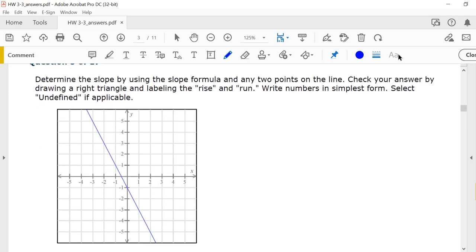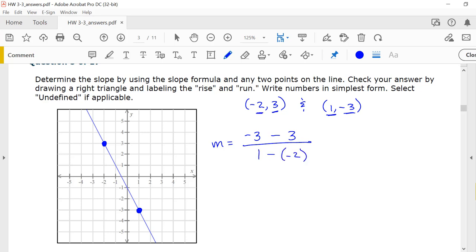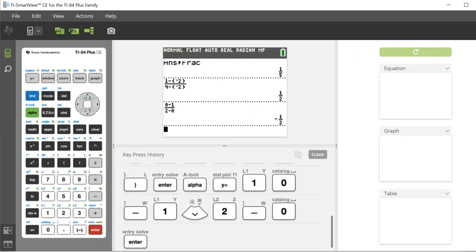Number 5. Let's do it again. Pick this point and maybe that point. So what is that? Negative 2, 3, and 1, negative 3. If I use my slope formula, y2 minus y1 over x2 minus x1, I type it in on my calculator.